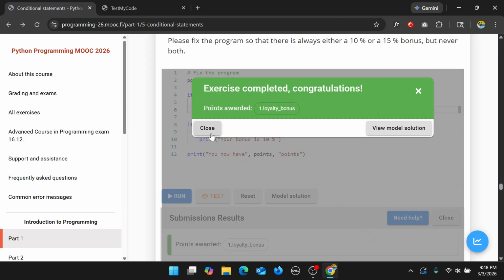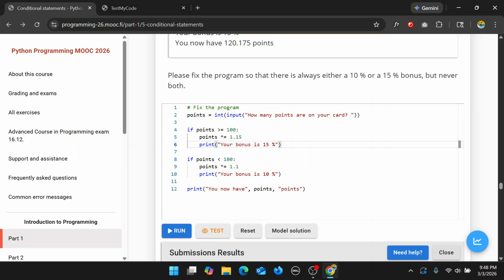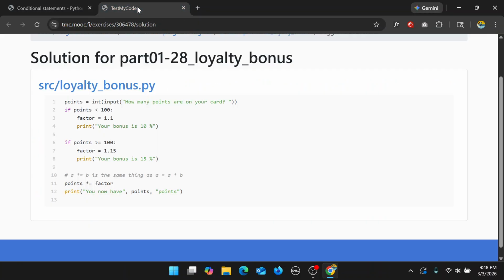So we do the factoring inside the conditional statement block, where they do it outside. So they set the factor as 1.1 and 1.15, and then they access the factor.